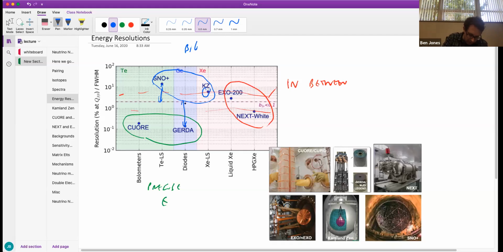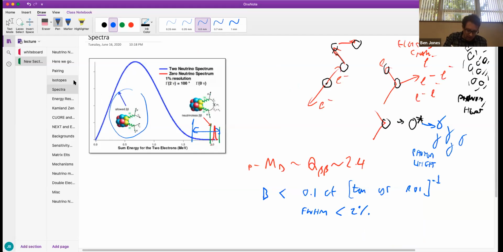Okay. And so the 2 neutrino mode, the only real way that we know to get rid of that background is to detect the energy very well, because ultimately a signature of up here really does look indistinguishable from this, because it's just 2 electrons, but the electrons have a different amount of energy. So this particular background can only really be rejected by measuring the energy very precisely.